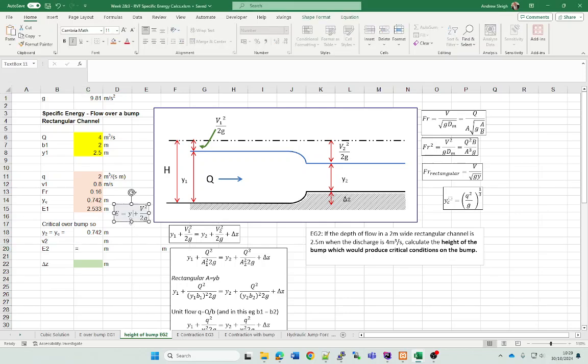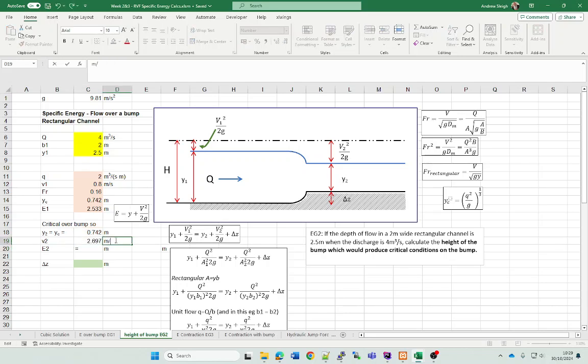Let's see this energy calculation we're going to do. Well, let's just calculate V2. V2 is Q divided by Y divided by B. 2.67.